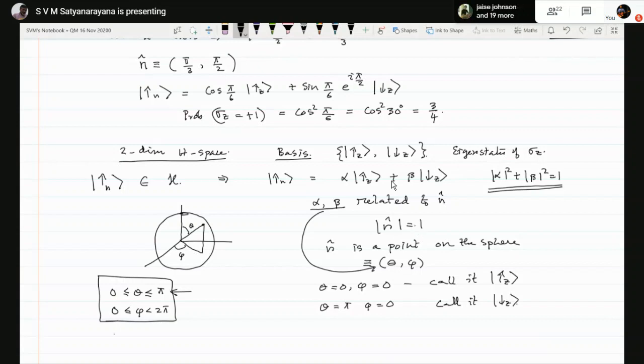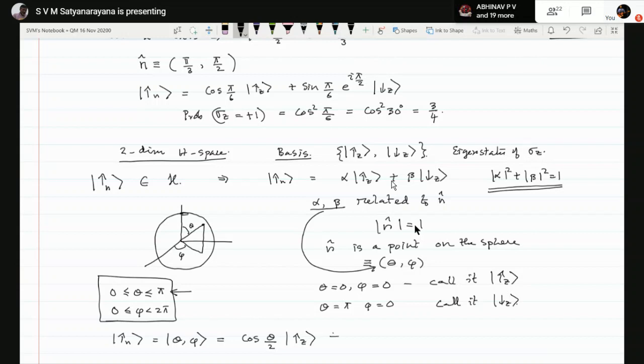So I can write this as up n, or I can write this simply as theta comma phi in terms of parameters. And I write this as cos theta by 2. This theta by 2 I am writing because theta goes only from 0 to pi, not up to 2 pi.